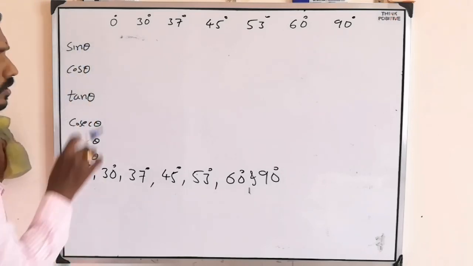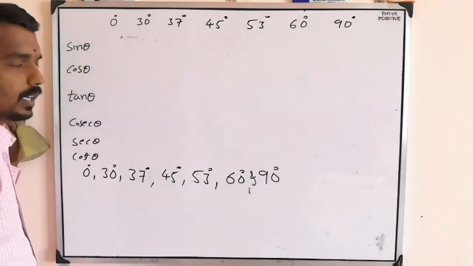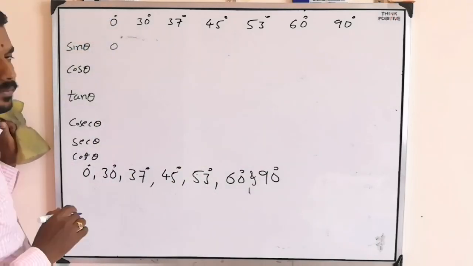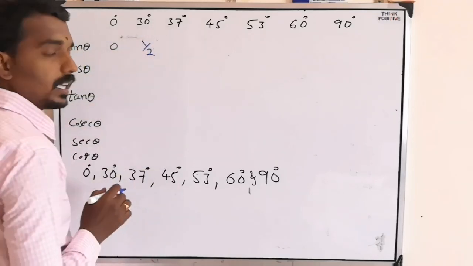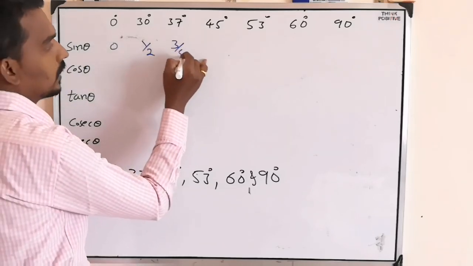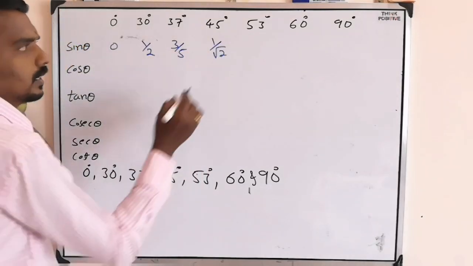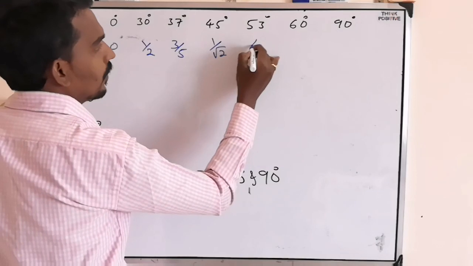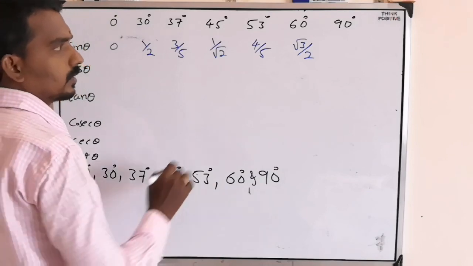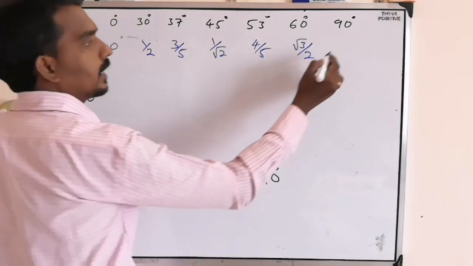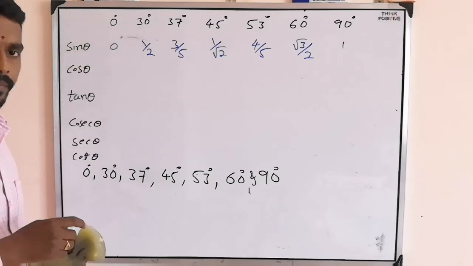First, if you know sine values, you can get everything else. Just remember sine values. Sin 0 is 0. Sin 30, 1 by 2. Sin 37, 3 by 5. Sin 45, 1 by root 2. Sin 53, 4 by 5. Sin 60, root 3 by 2. Sin 90, 1.